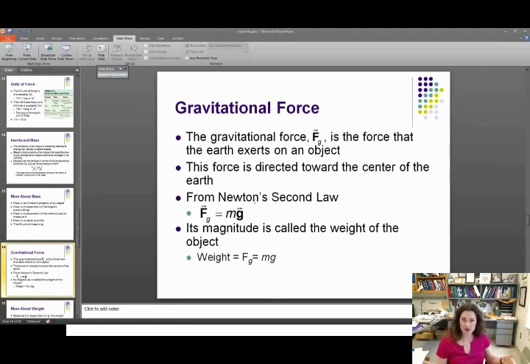So that's our acceleration due to gravity here on planet Earth. So you plug that in for your acceleration in our force equation, F equals ma, and you get your gravitational force. We usually use g with a little vector symbol over it to mean the acceleration due to gravity here on planet Earth, 9.8 meters per second squared. So your gravitational force from Newton's second law is going to be F equals mg, okay? And the magnitude of that force is the weight of the object.